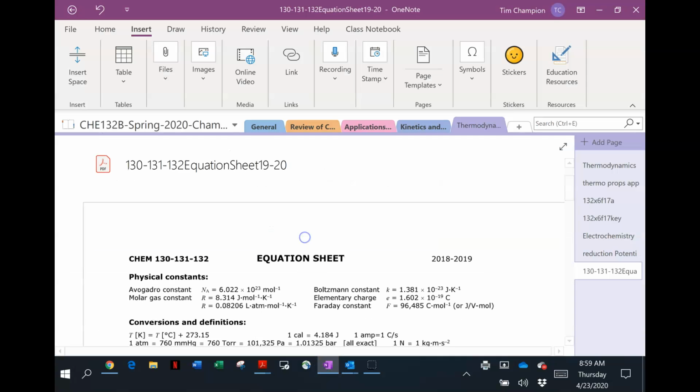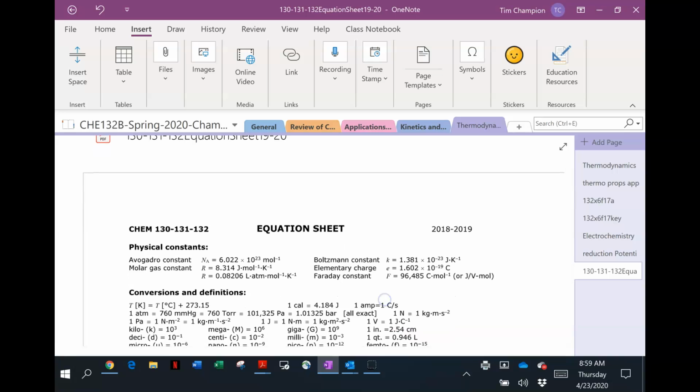Alright, so the equation sheet is here, and the Faraday constant is right up here. The Faraday constant has the same value with two sets of units, 96,485 coulombs per mole or joules per volt mole.